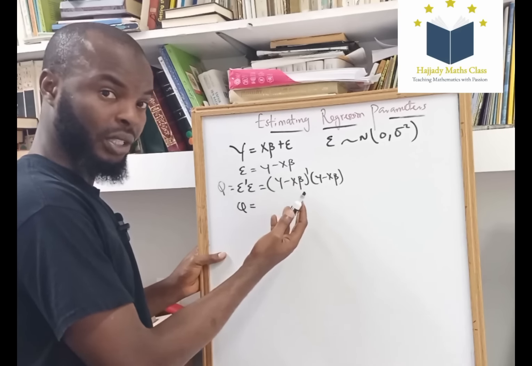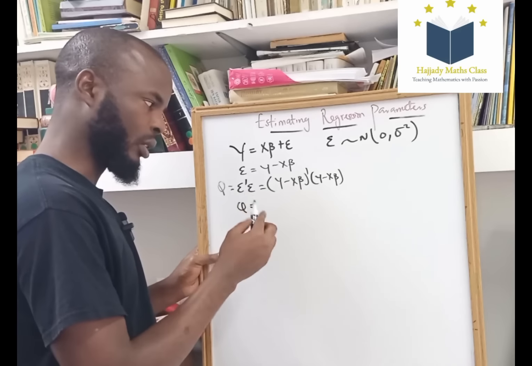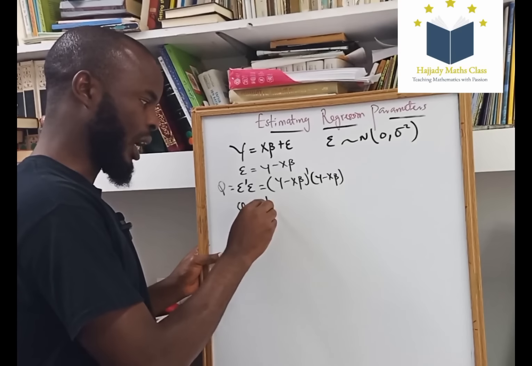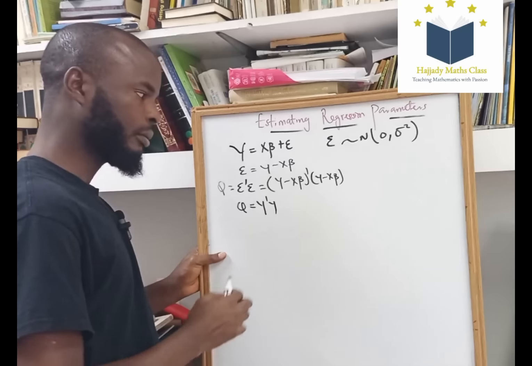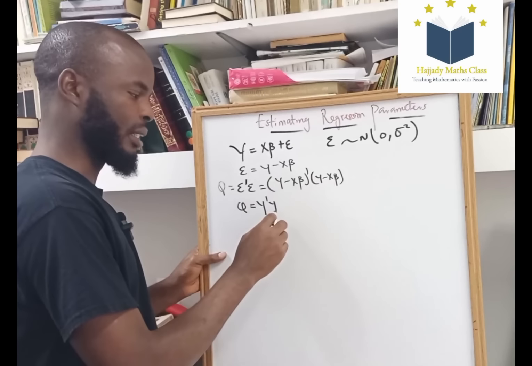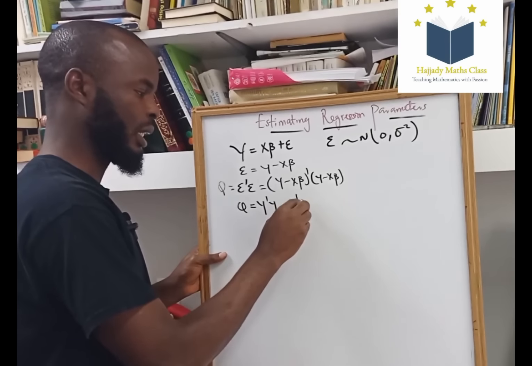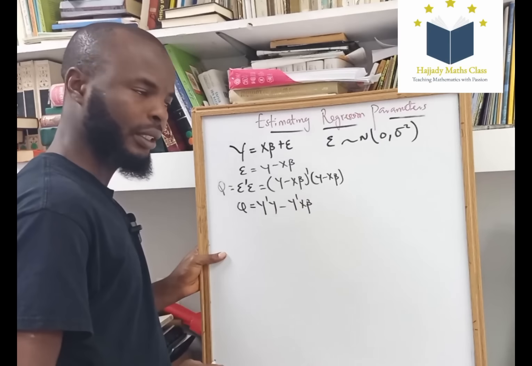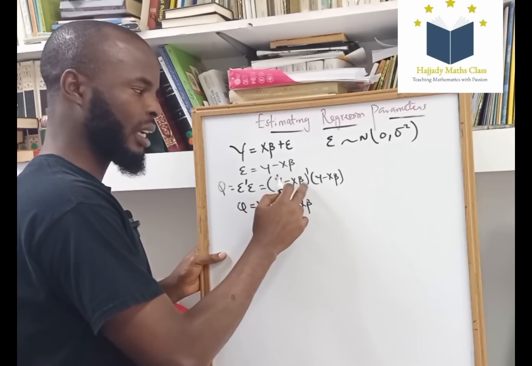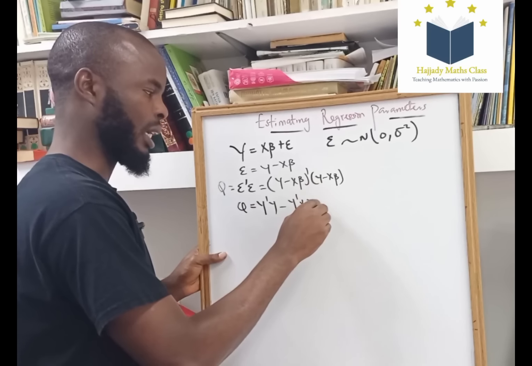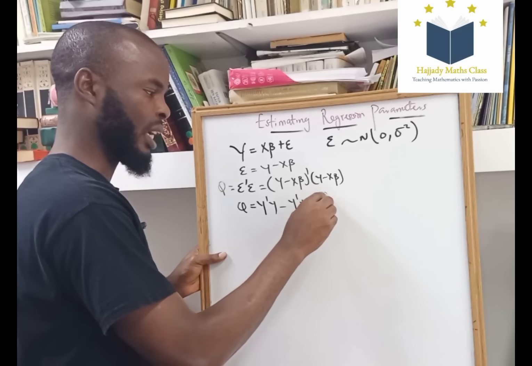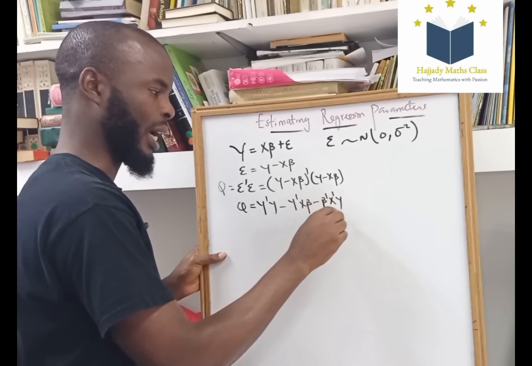Don't forget, this is a matrix multiplication, so we need to be very cautious. We're going to have y prime y, multiplied by Xβ, we're going to have negative y prime Xβ. Xβ multiplied by y, we're going to have β prime X prime y.